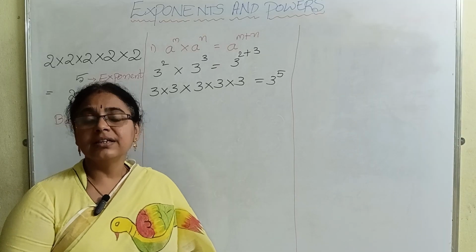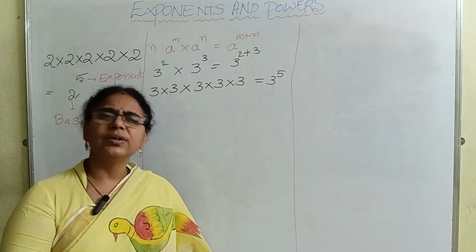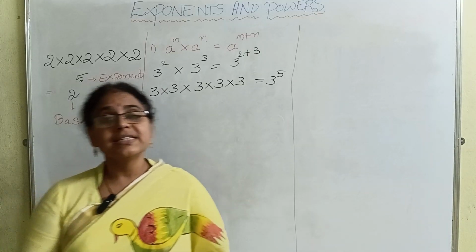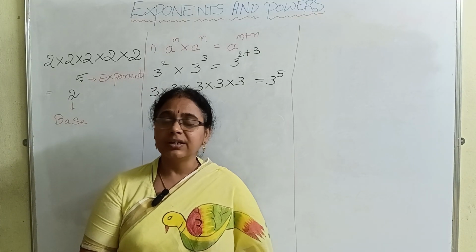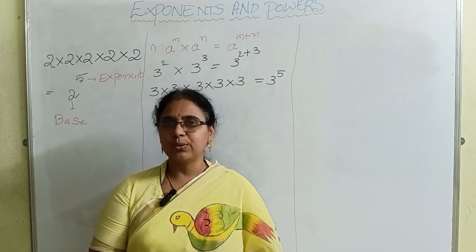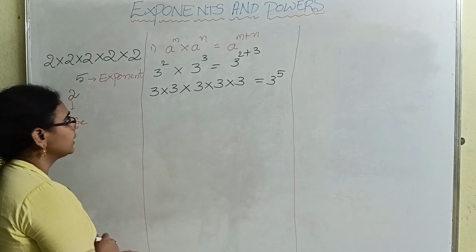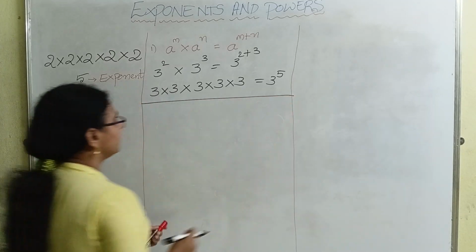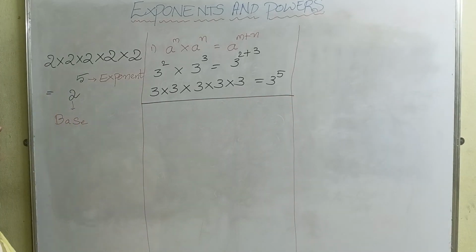Did you understand? The first law, which we will regularly use: a power m into a power n is equal to a power m plus n. If bases are same in multiplication, add the exponents. That is the first law.